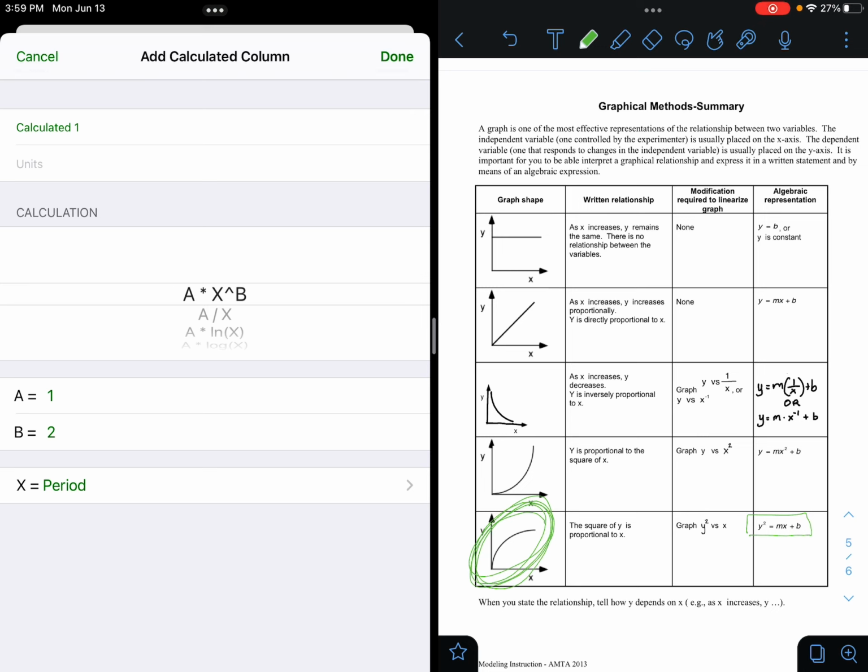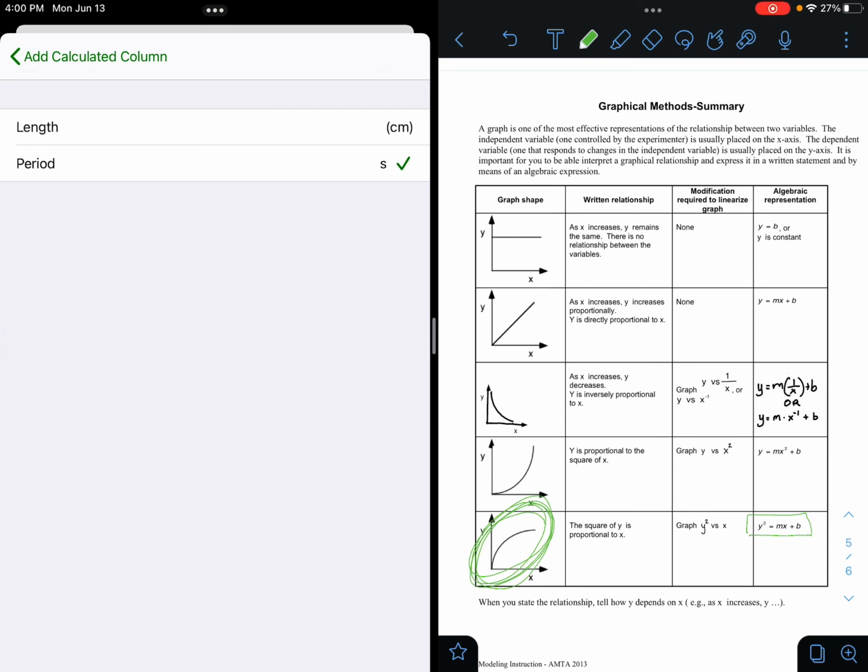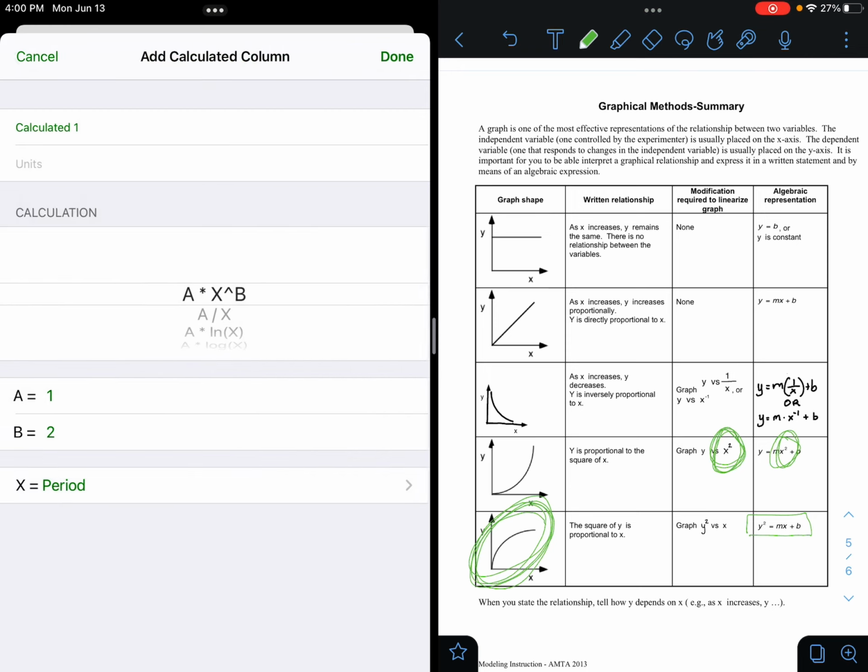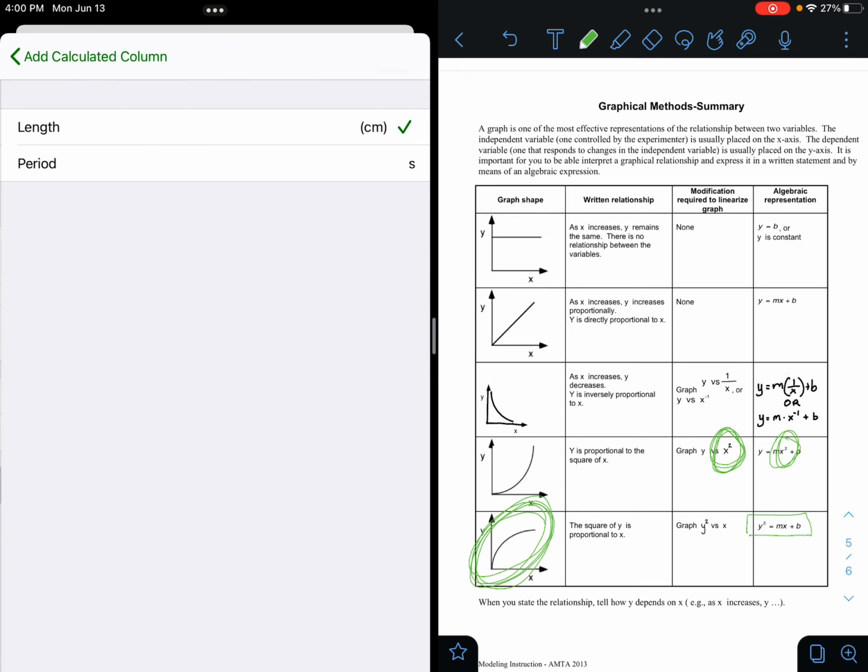So here, x is not x as in x-axis, but x as in x in math class. What is this representing? We see here that x is indeed the period. If I was looking for the x to be squared instead, like we did over here in our second graph, we changed it to length in that one because it was the x-axis.